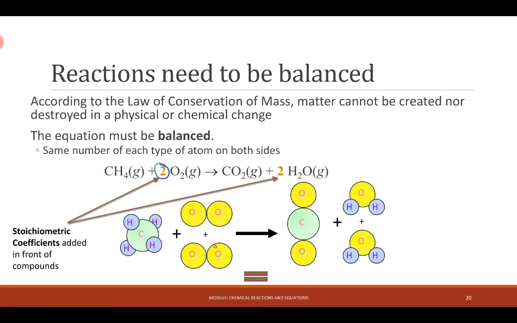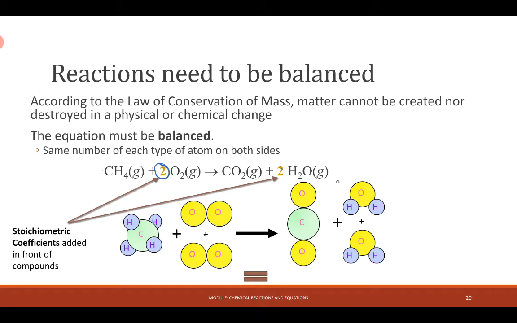We don't have 1 O4 molecule, we have 2 O2 molecules. Additionally, we form 2 water molecules. We don't form 1 H4O2 molecule. These are each a water molecule. So we need to say that we'll make 2 water molecules.